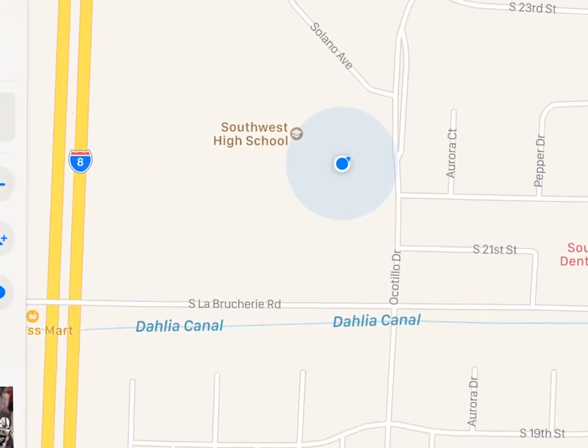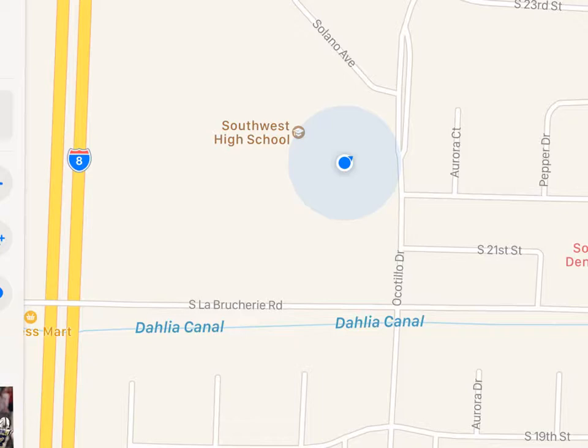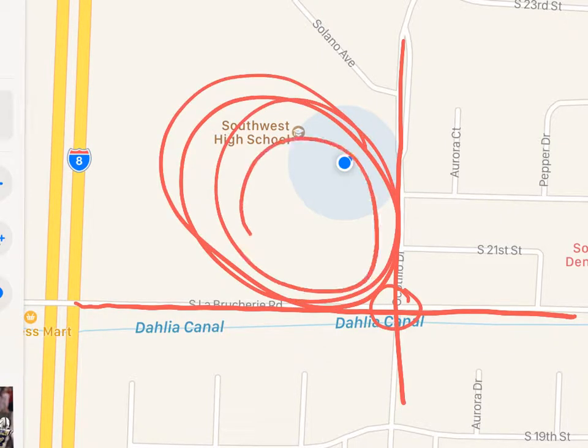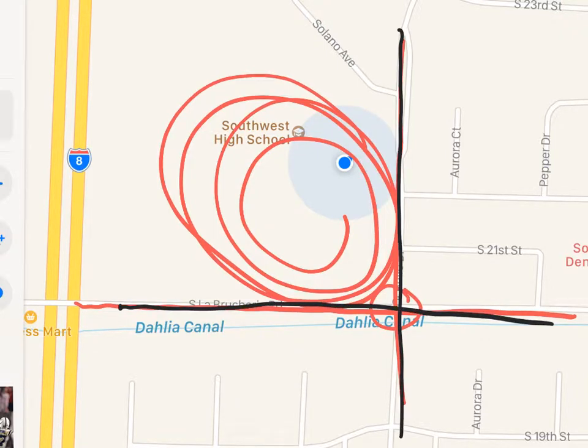Well, here's a map, and here is La Boucherie, and here's Ocotillo. Boom, they intersect right here. So Southwest High School is at this corner, right? So intersection is talking about where the streets intersect, where they cross, right?